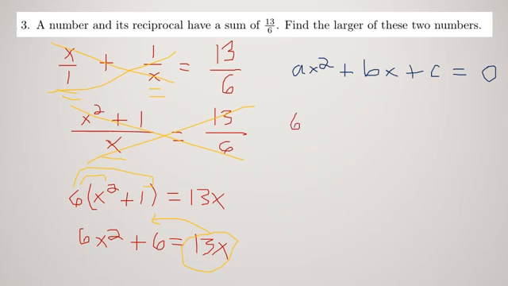So, 6x squared. Diretso na ako ha. Negative 13x plus 6 equals 0. Pwede, kung step by step, pwede nyo isulat 6x squared plus 6 minus 13x equals 0.